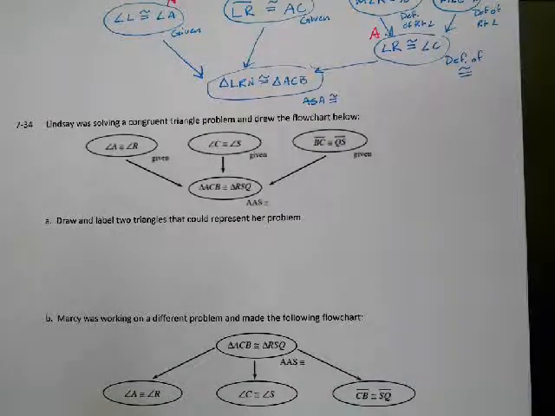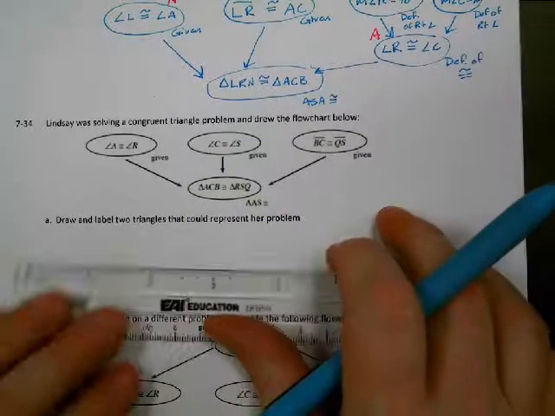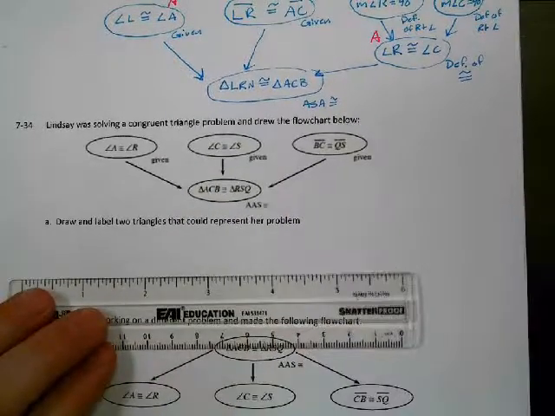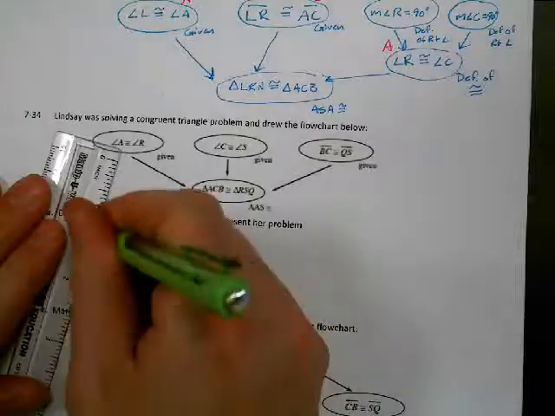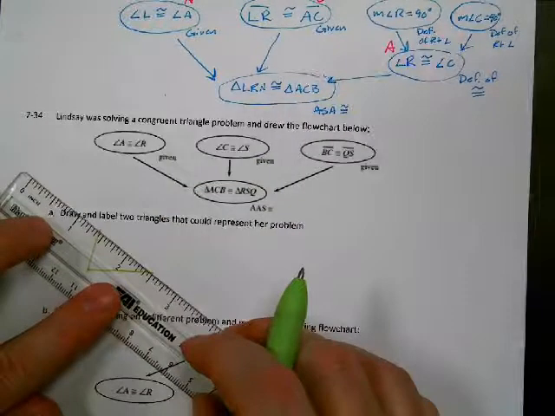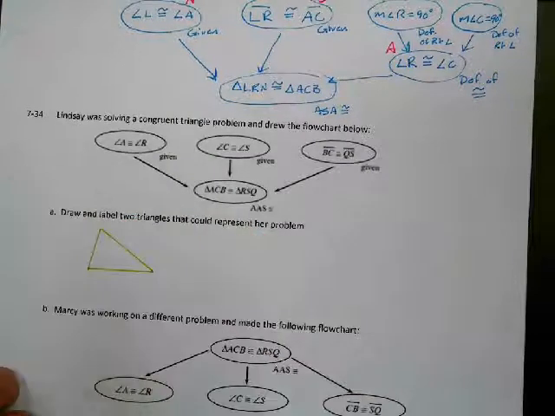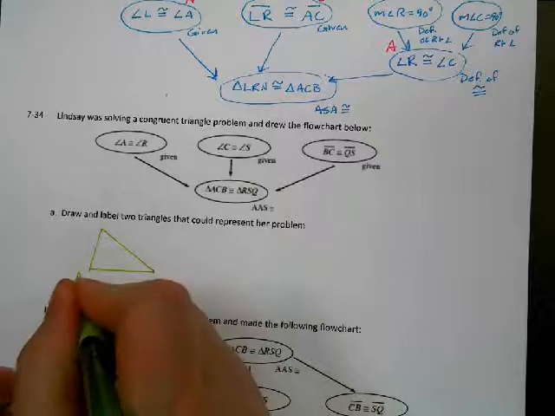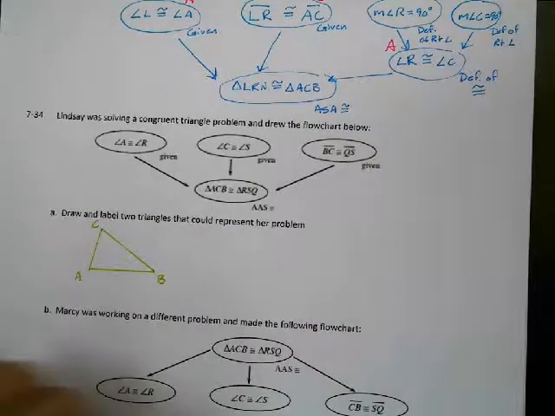Okay, so one of those triangles is ACB. Let's do it in lime green because I'm feeling that way. Okay, so I'm just going to draw a triangle there. That first triangle is going to be A, C, B. All right, now I'm going to draw another triangle because it's a triangle equal to another triangle.